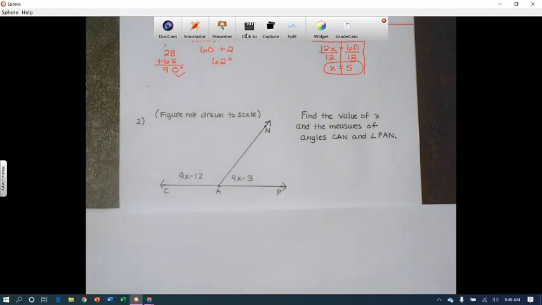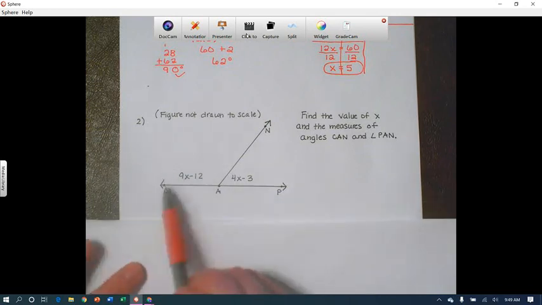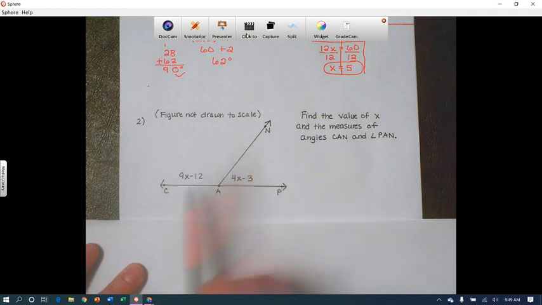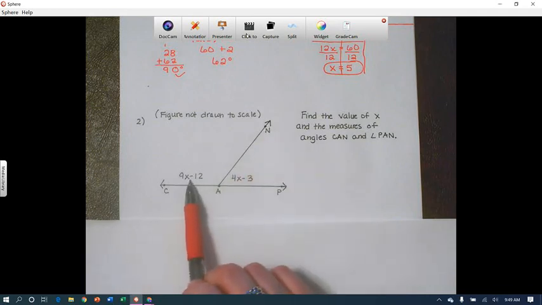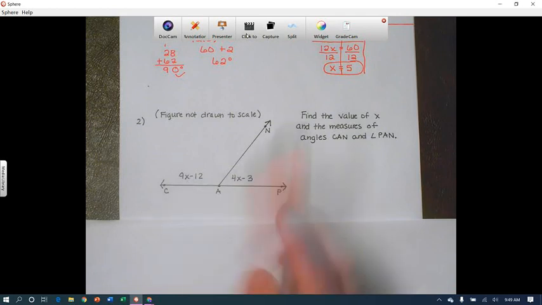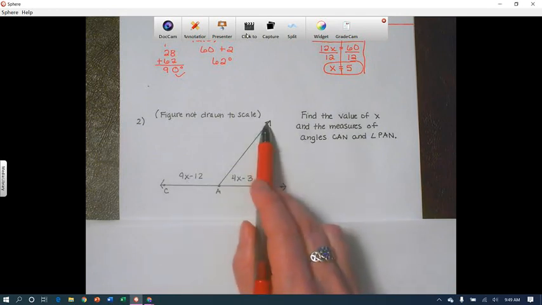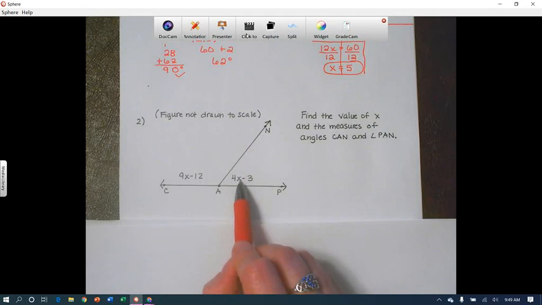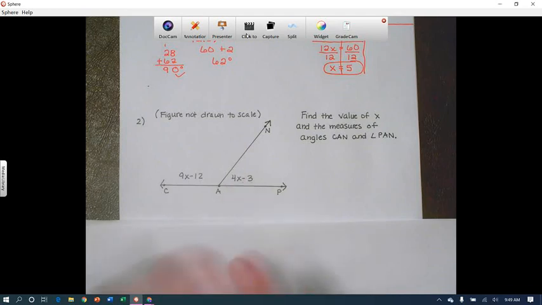So for this next one, I have angle CAN, and I'm given an expression for that angle measure: 9x minus 12. And angle PAN, that expression is 4x minus 3. So now I have two algebraic expressions to represent those angle measures.